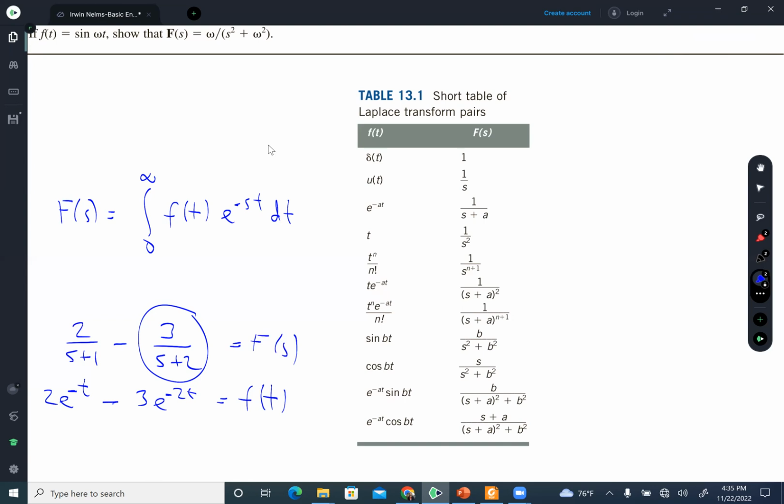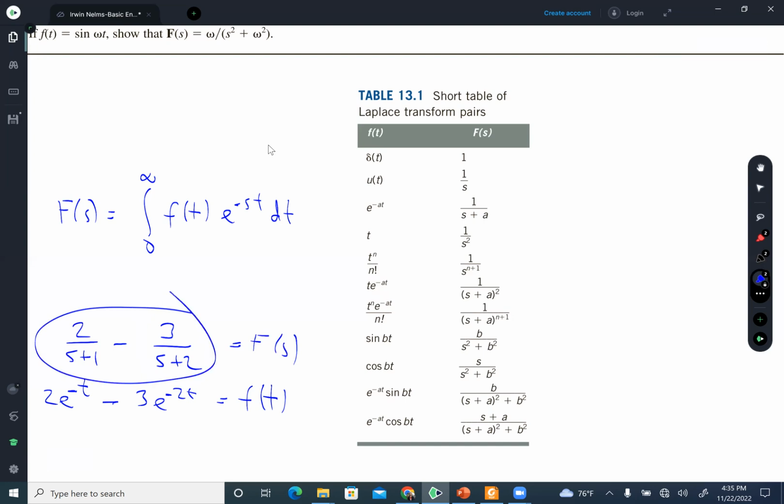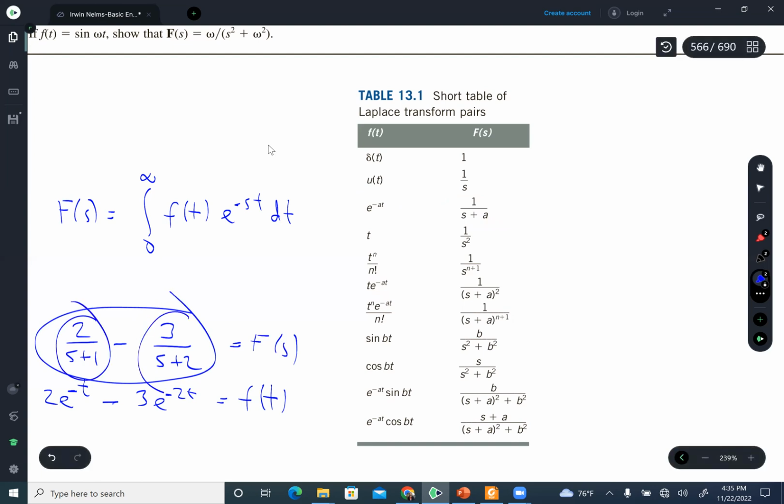For example, if you have a sum of 2 terms like this, its inverse Laplace transform will be the inverse Laplace transform of this minus the inverse Laplace transform of that, and the coefficients in front are the same ones that you would get. So in other words, instead of 1 over s plus 1, if you have 2 over s plus 1, the 2 is extra, you can pull it out. You find the inverse of 1 over s plus 1 and then multiply it by 2, right?